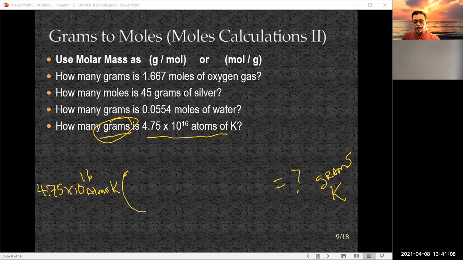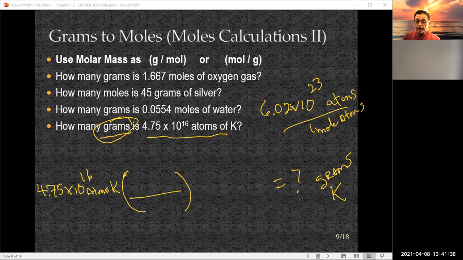And so we need a factor to get from atoms to moles. Remember our common factor when we're going from one point to the other is moles. And so we need Avogadro's number here, right? We need 6.02 times 10 to the 23rd atoms, because we're dealing with atoms, per 1 mole of atoms.